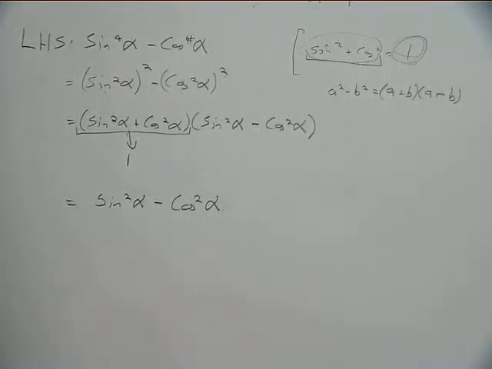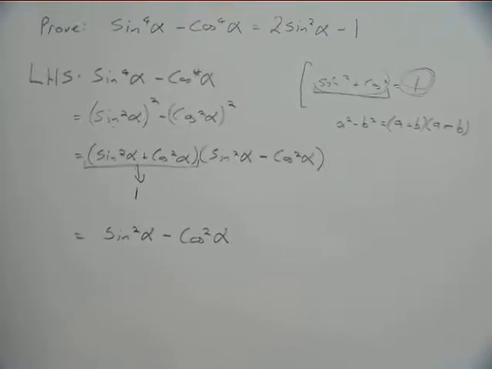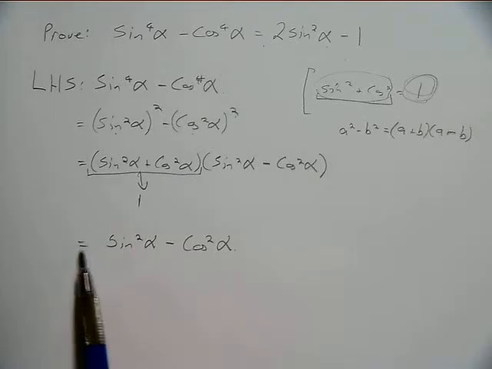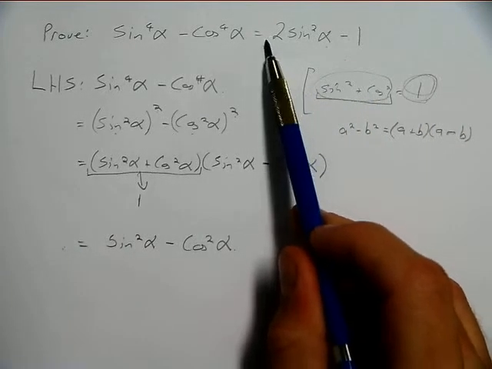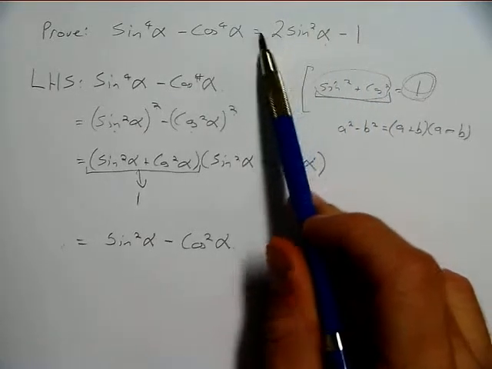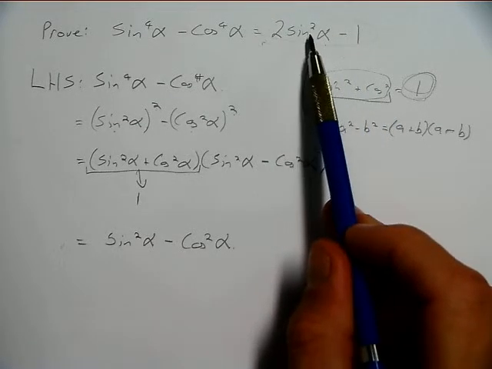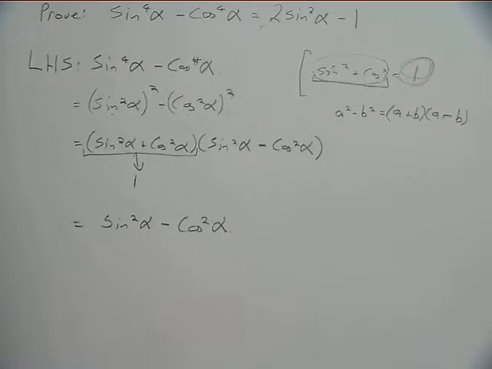Okay. Now I'm going to compare what I have now. So this is the left hand side. That's not the only thing I've touched. If I look up here at the right hand side, I have 2 sine squared alpha take 1.